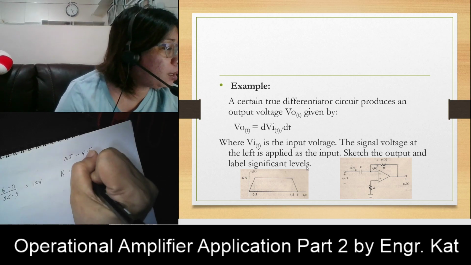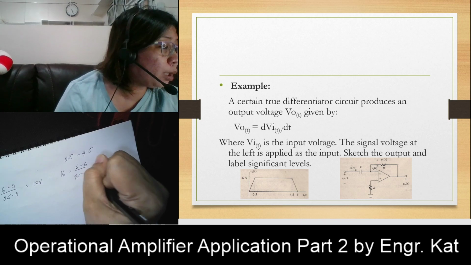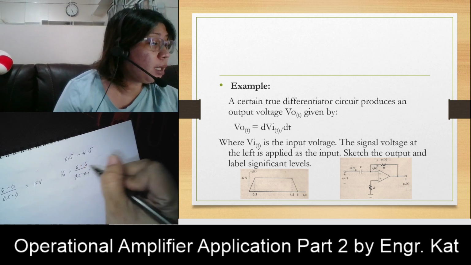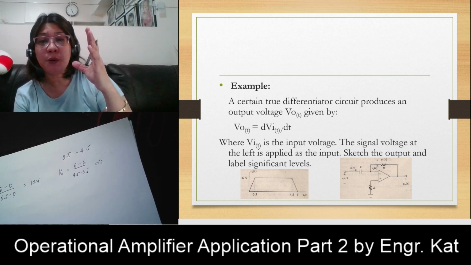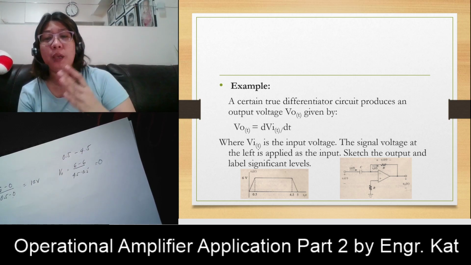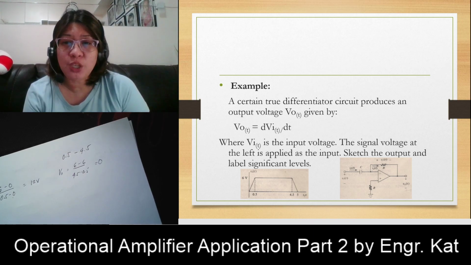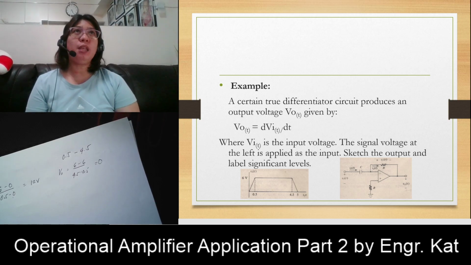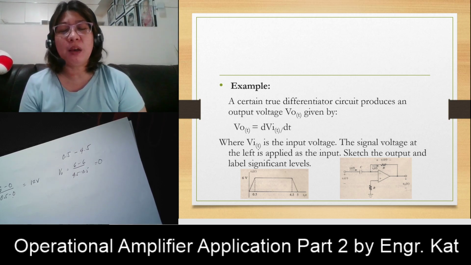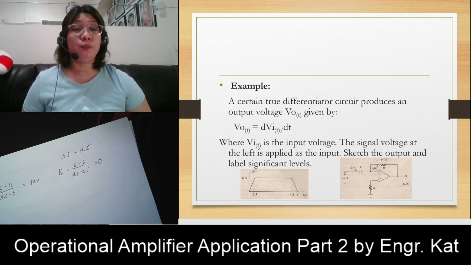So that will give us 6 minus 6 divided by 4.5 minus 0.5, but this is equal to 0. So from 0.5 second to 4.5 seconds, we don't have an output voltage. Why? Because we don't have a change in our input. For a differentiator circuit, you only have an output once you have a change in your input voltage.